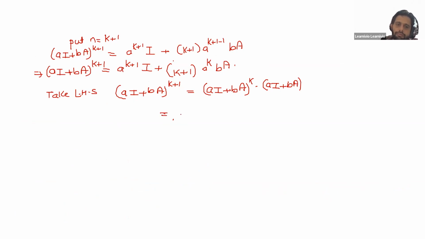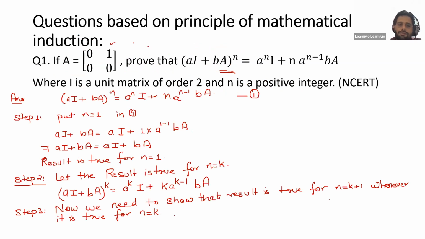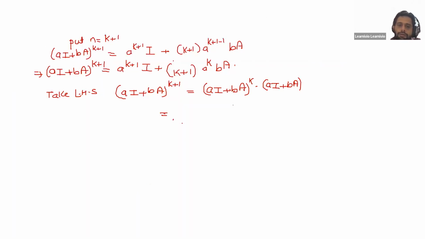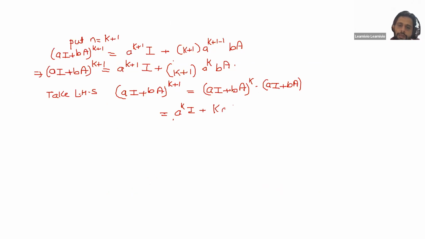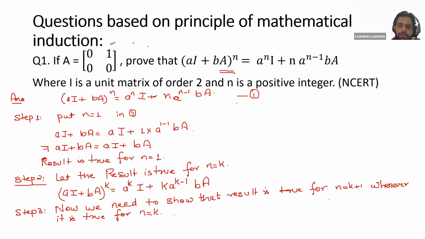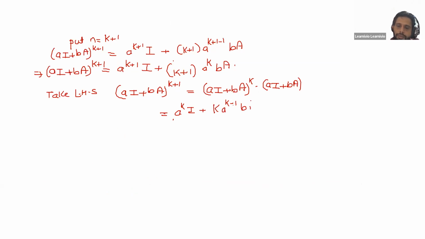Okay, this is equal to, now in place of this (AI plus BA) to the power k, if we check the previous slide, then we have this value: (AI plus BA) to the power k is equal to a to the power k I plus k a to the power k minus 1 BA. Okay, so in place of this value, we have put this into (AI plus BA).